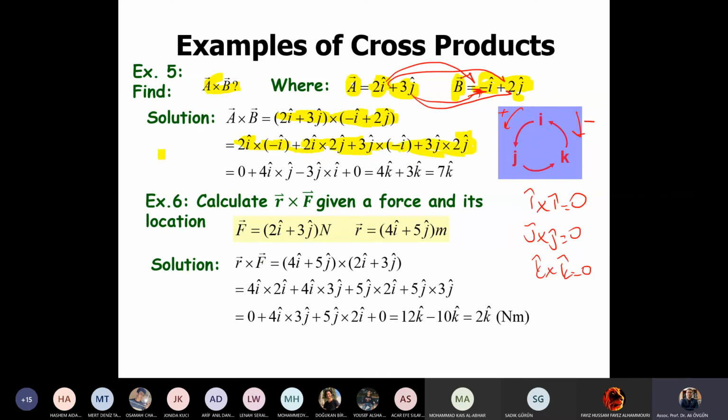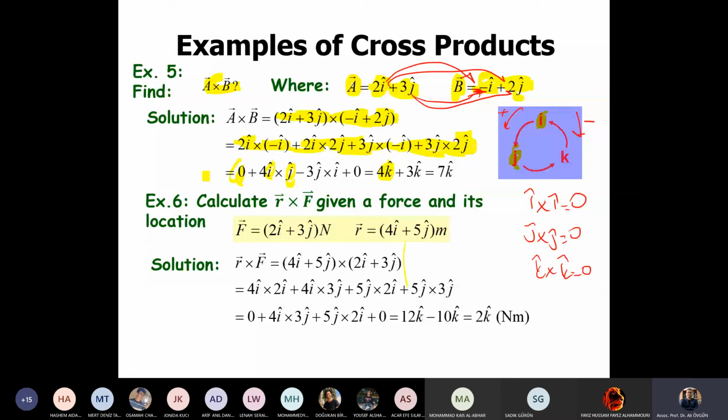Here, if they are in the same direction, i hat cross i hat gives you 0 from the rule. And 2 times 2 gives you 4. For the direction, i cross j is counterclockwise, so positive k hat. So 4 k hat.